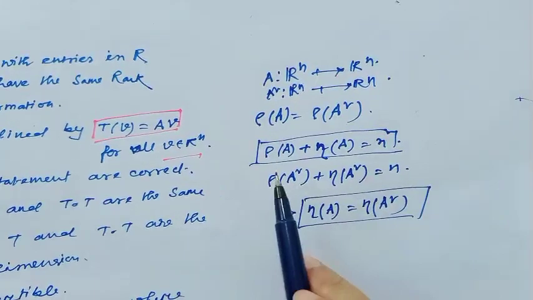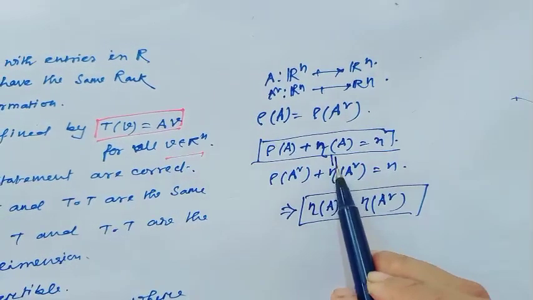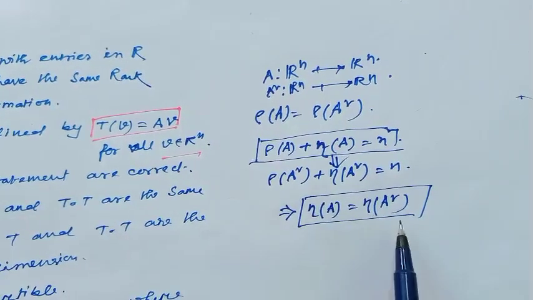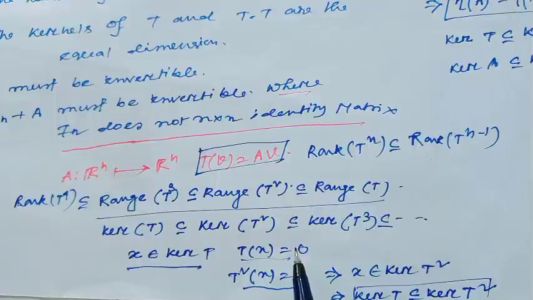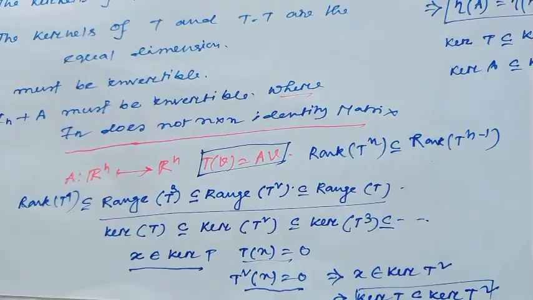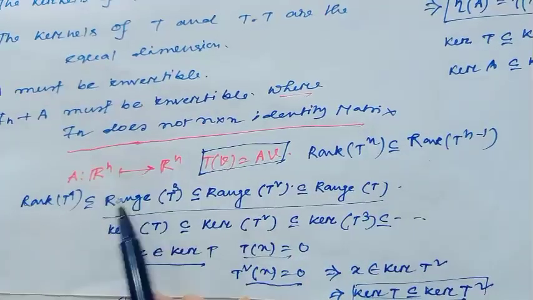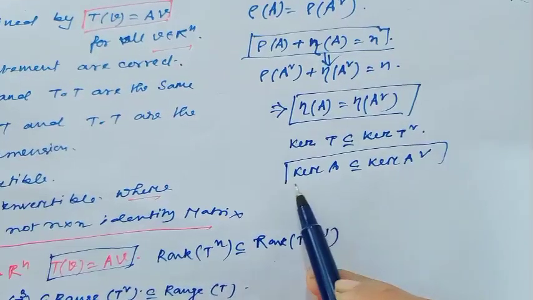Since rank of A equals rank of A square, nullity of A equals nullity of A square. And since kernel T contains kernel T square, kernel A contains kernel A square.